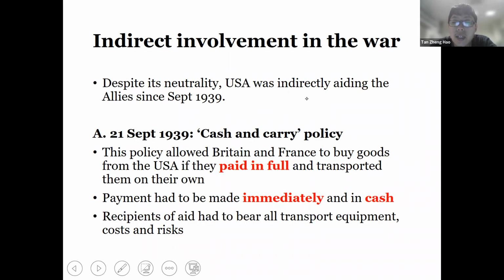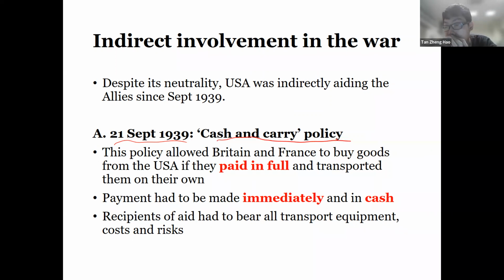Although the USA was not directly involved in the fighting, they were somehow helping the Allies against Hitler. Before 21st September 1939, the USA had a cash and carry policy.